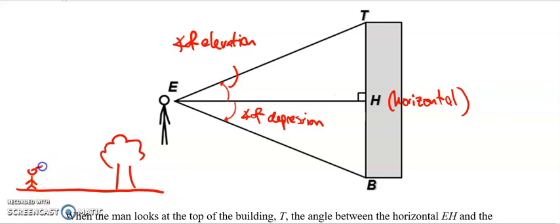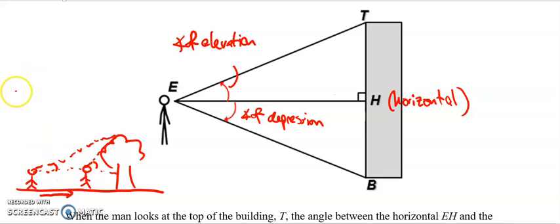The person looking to the top of the tree forms an angle of elevation. If this person walks nearer towards the tree and continues looking at the top of the tree, you will realize that the angle of elevation increases.